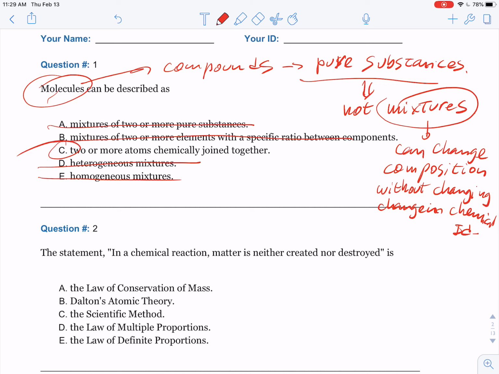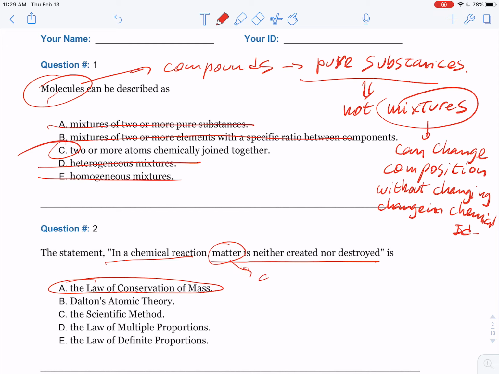Now the statement, in a chemical reaction, matter is neither created nor destroyed. Well, that's more related to the law of mass conservation, because it's referring just to matter in general. If it was talking about atoms, then you would say that's Dalton's atomic theory.